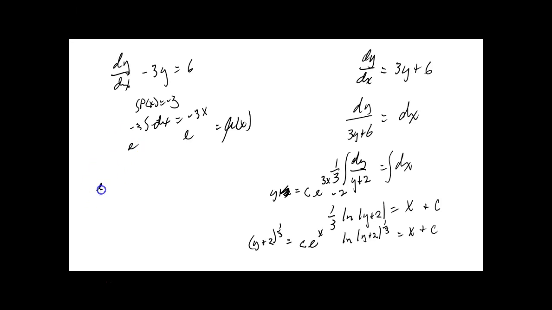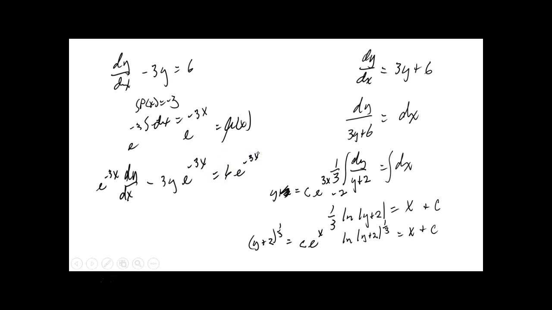So we got e to the minus 3x dy dx minus 3y e to the minus 3x is equal to 6 e to the minus 3x.